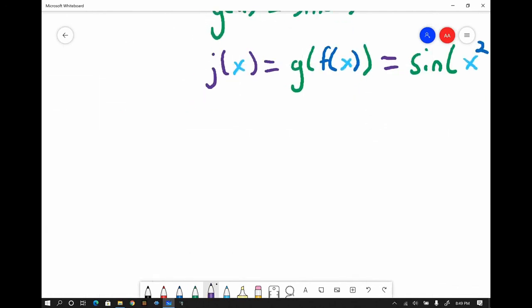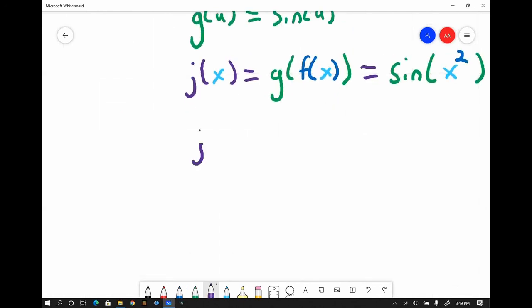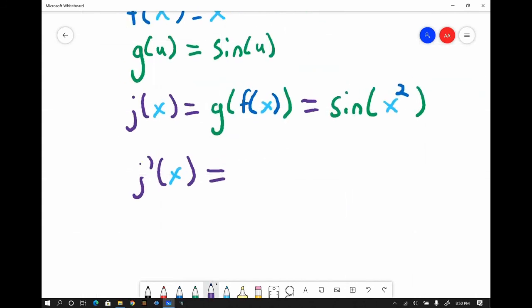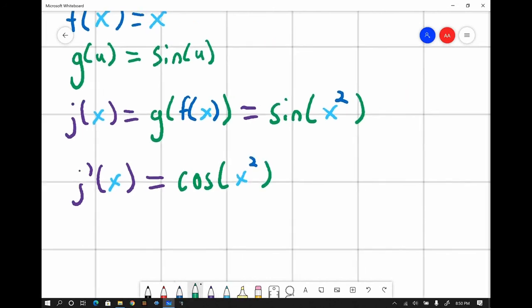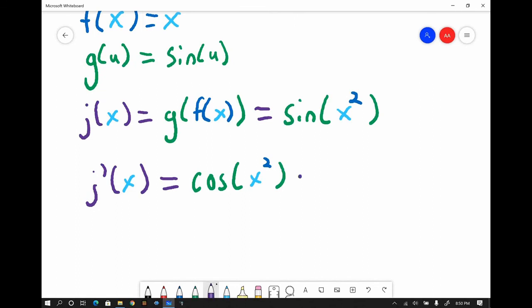So we'll have j prime of x is equal to the derivative of our outer function, which is the cosine of our input, in this case x squared, multiplied by the derivative of our input, which we know is 2x.